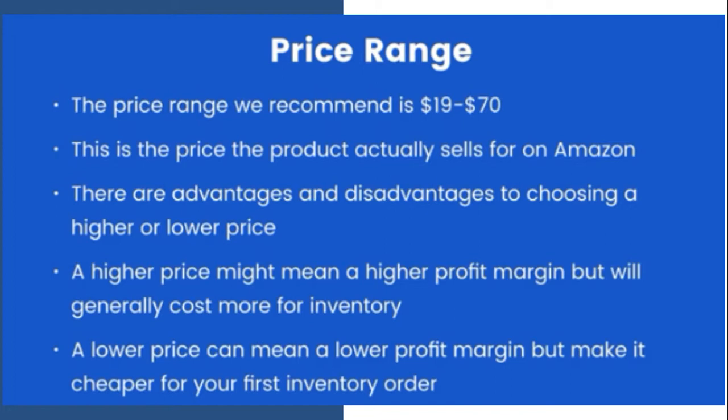A lower price can mean lower profit margin, but will make it cheaper for you for your first inventory order. So I always advise people to just have your first inventory affordable. Okay, so once you have the cycle running, you're making good money. Now you can keep on adding more inventory, make more money, and then have a large inventory order later on.